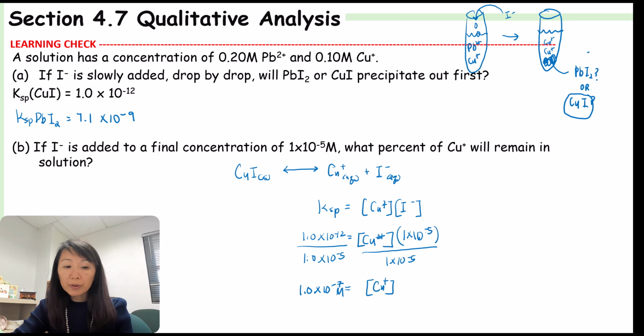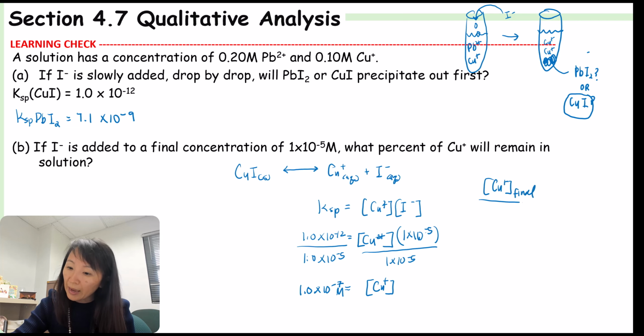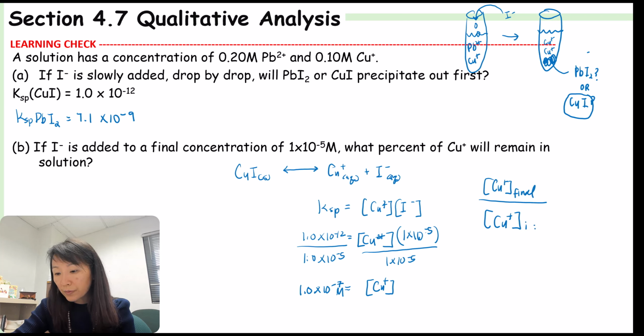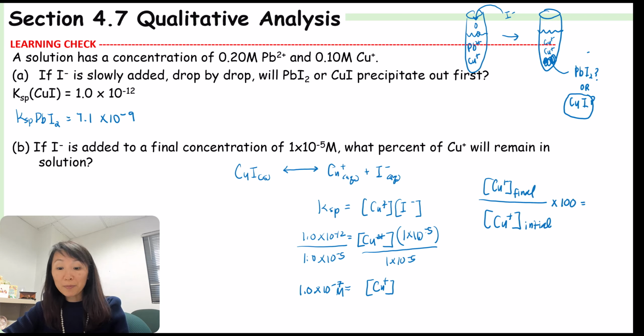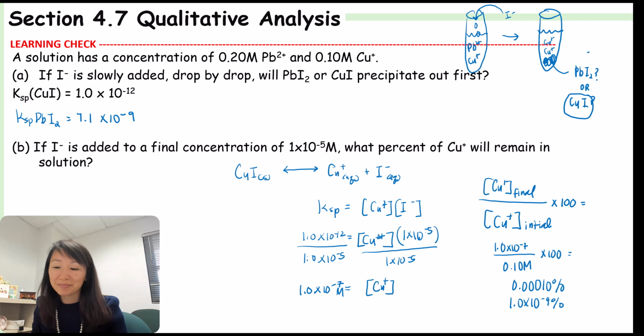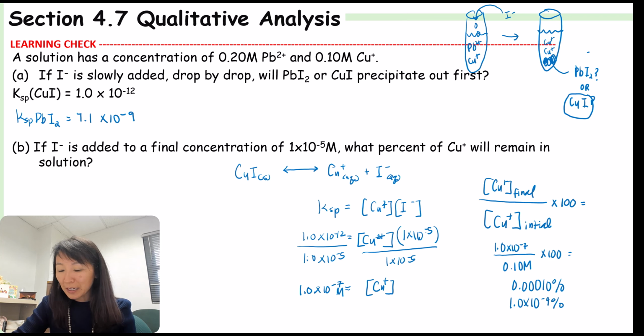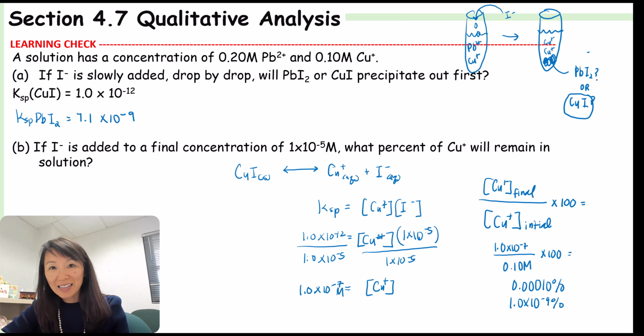If you want to know the percentage remaining, you take the copper concentration final and divide by the copper concentration initial, and multiply by 100. So go ahead and plug this in and come back and see if you got it correctly. And here is the key. Very little percentage will remain in the solution.